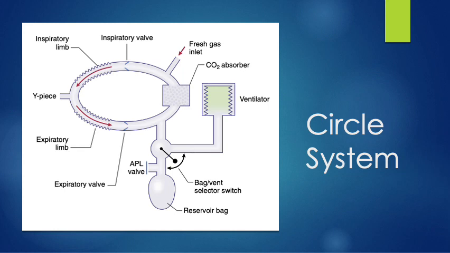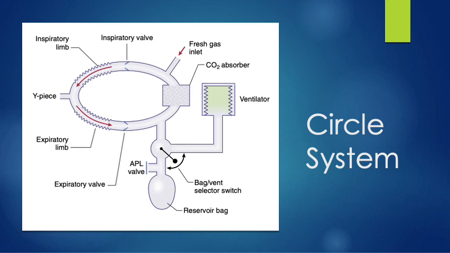So continuing on our journey through the breathing system, we've gone past the Y piece. Now we're to the expiratory limb. There's an expiratory valve. And next, here's your APL valve. There is a bag vent switch and a reservoir bag. This is a key learning item for breathing systems: when your patient is on the ventilator, the APL valve on our anesthesia machines does not matter.